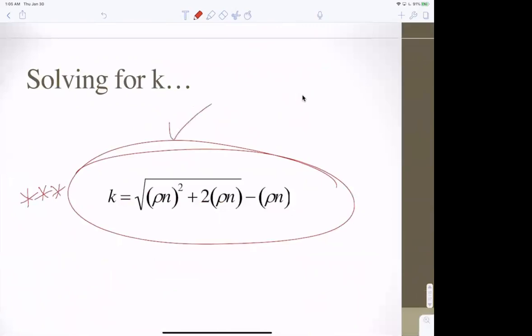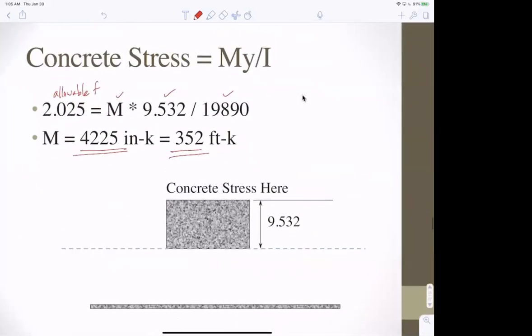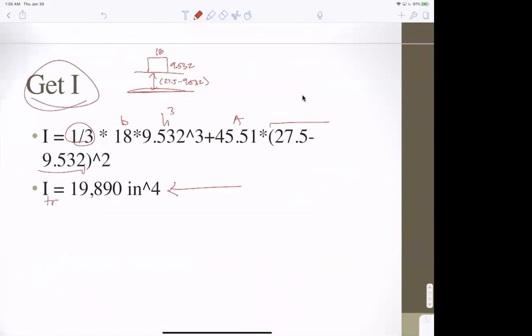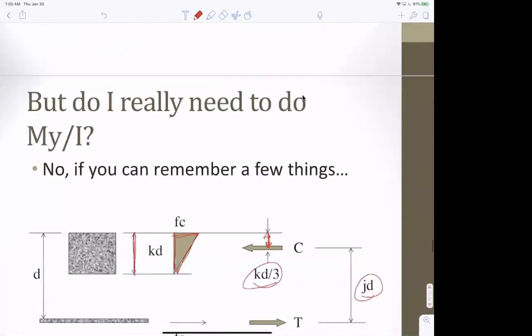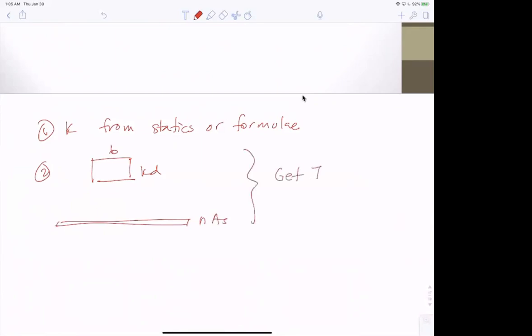You can have an equation for K. And then once you have K, I do want you to be able to remember how to get I. So kind of key things to remember out of all this is K, then KD, B, N, AS, and then get the moment of inertia.